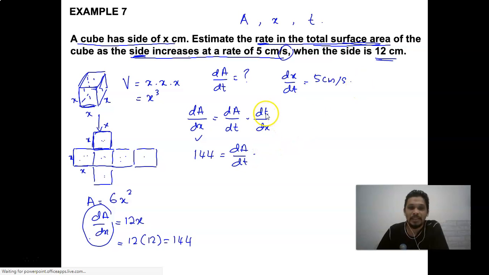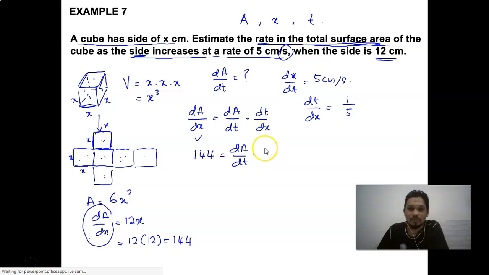And then what we have here right now is dx/dt, and what we need here right now is dt/dx. So from dx/dt, we come up with dt/dx, which is 1 over 5. Okay, the reciprocal of this one here, 1 over 5.